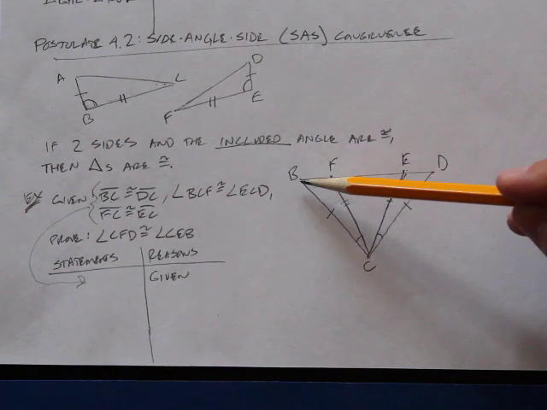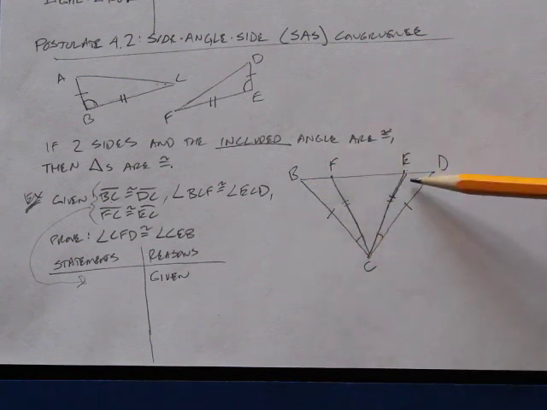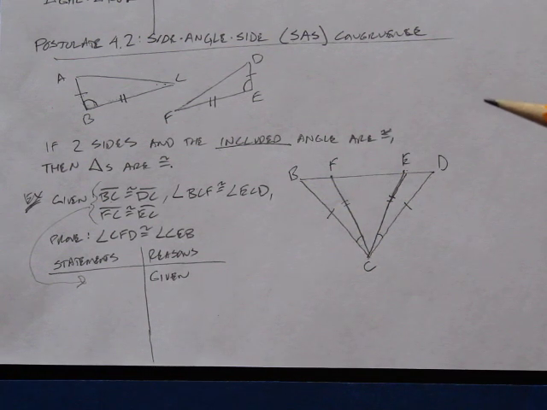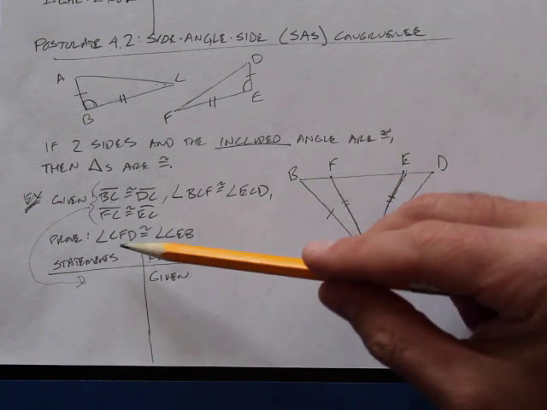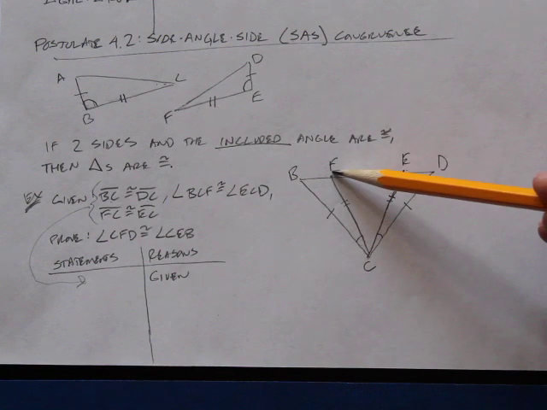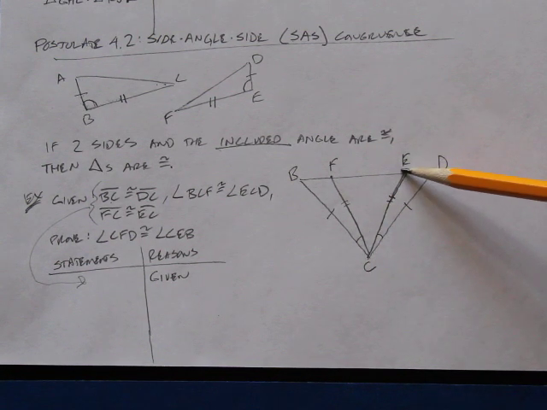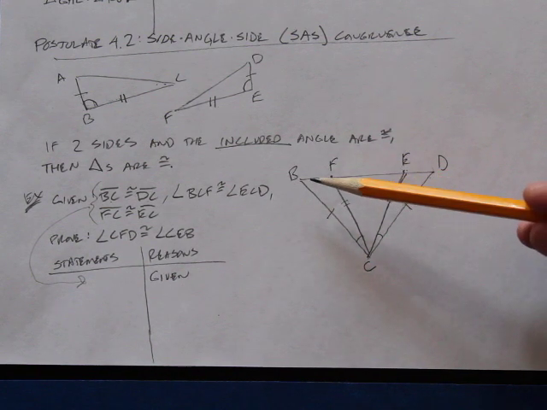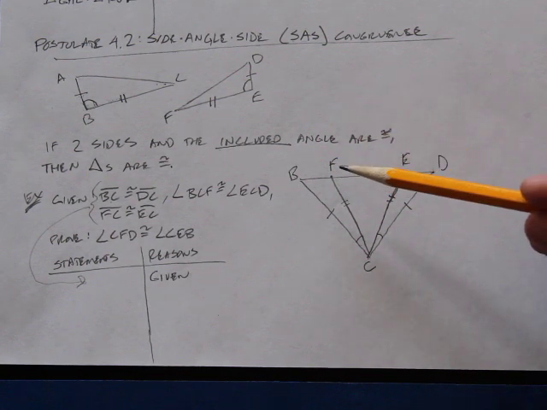So we can prove that triangle BCF and triangle DCE are congruent triangles. So if we do that, then we can say that CFD and CEB are congruent, or can we? We can.